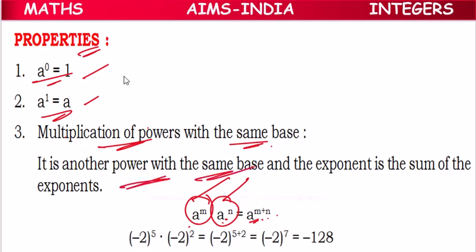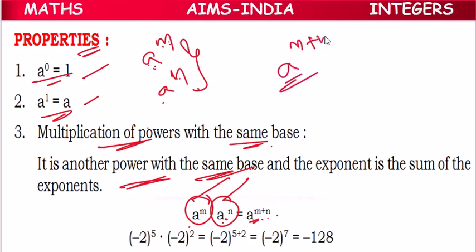Here a power m is a power with base a. A power n is a power with base a. If we multiply these two, we will get one power with base a, whose power is the sum of the other two powers. So a power m plus n.